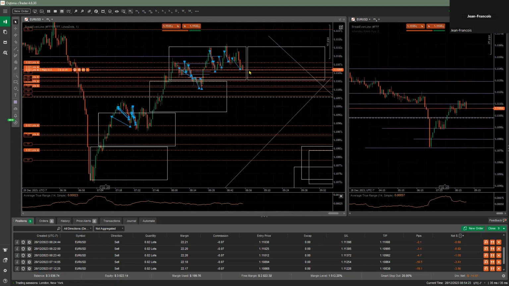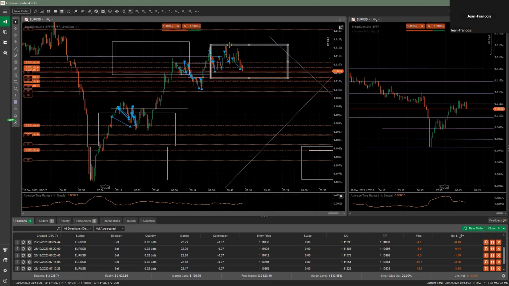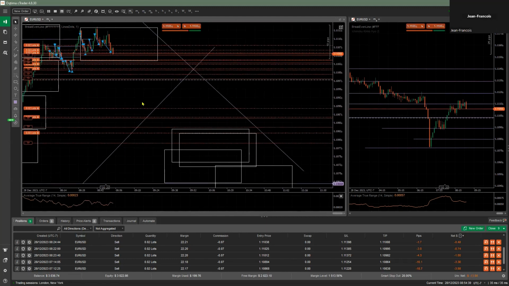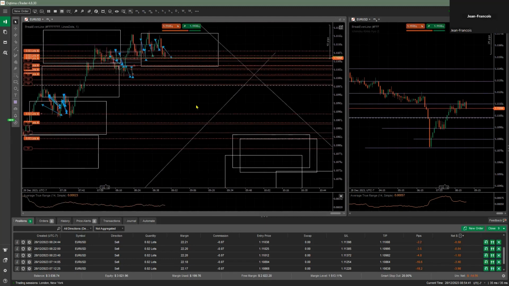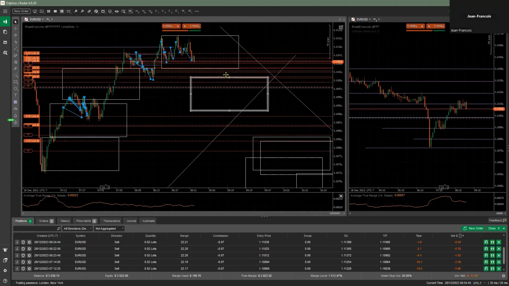So right here, we are assuming this is now a top. So we'll remove these, just move them aside. Take that one, put it on the top right there, and now get ready to measure this. And then by looking left, we will be using support and resistance that was there before.